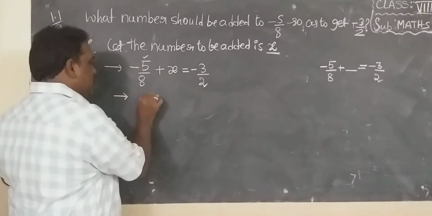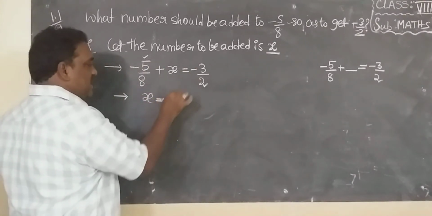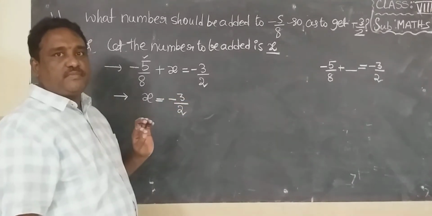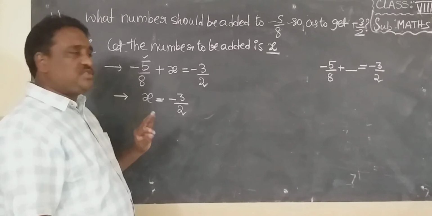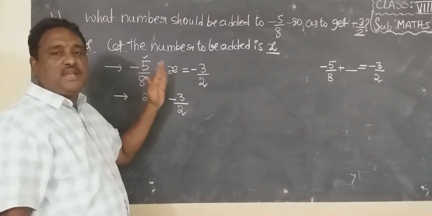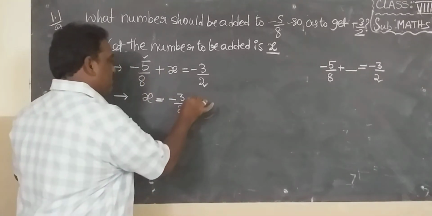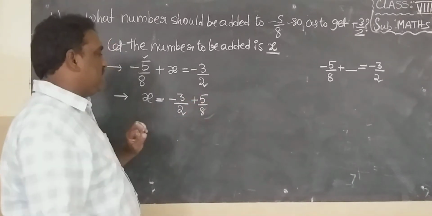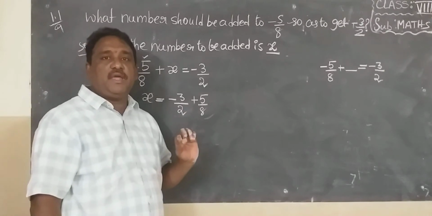So x equal to, what is there already? Minus 3 by 2, no change. Now it is moving to the right side. Minus becomes plus. Plus 5 by 8.